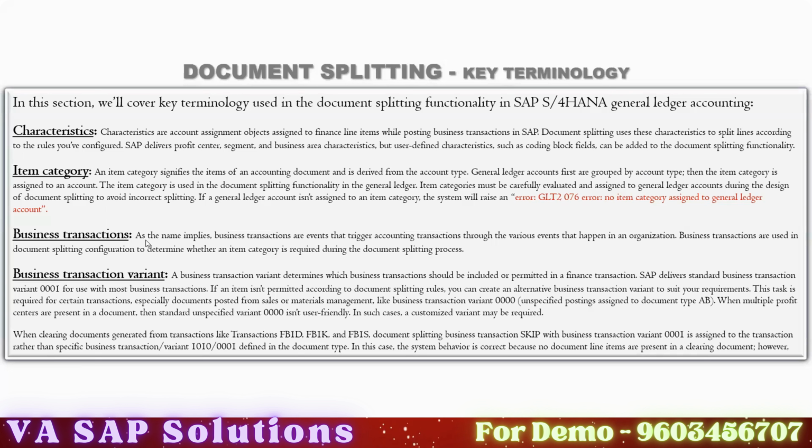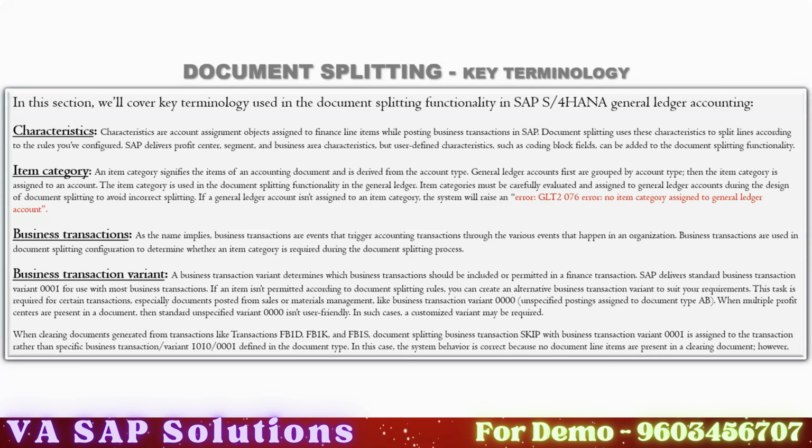Business transactions, as the name implies, are events that trigger accounting transactions through various events that happen. In an organization there will be different types of postings, either sales related, purchase related, depreciation, or asset procurement, whatever it is.